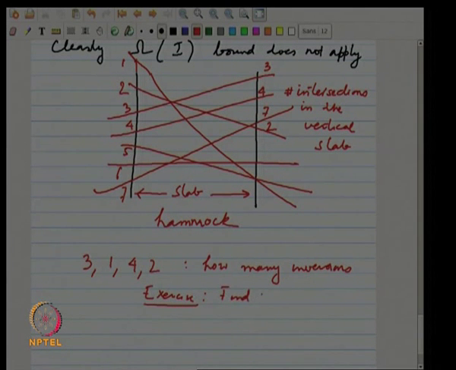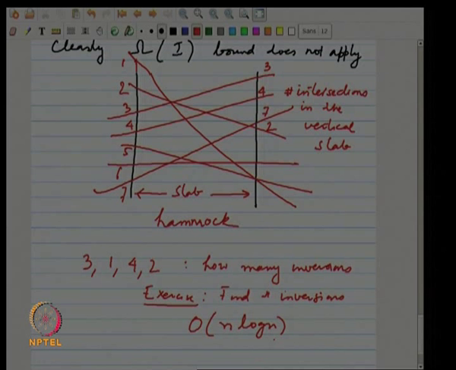Find the number of inversions. Forget about line segments, forget about intersections, just given any set of elements which can be ordered, find the number of inversions, and you should be able to devise an n log n algorithm for that. Which means that we can actually solve this problem in n log n time, which is much faster than actually reporting the intersections.